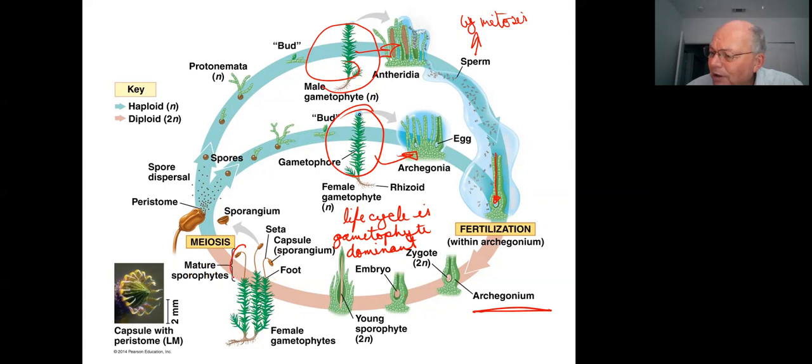So this whole feature is the sporophyte. And notice it is non-photosynthetic. Which means it's incapable of supporting itself. It is totally dependent on the gametophyte.